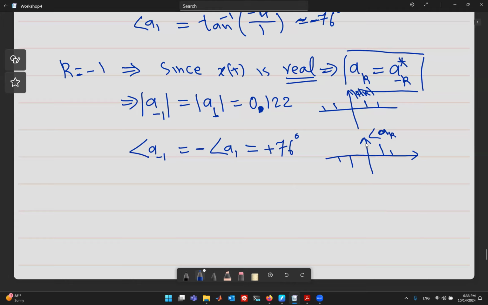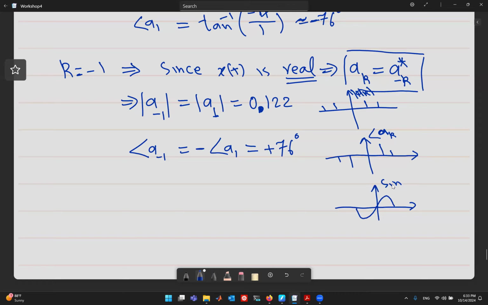Is it like the sine? Is it even? I think we need to check this. It's similar to the sine.